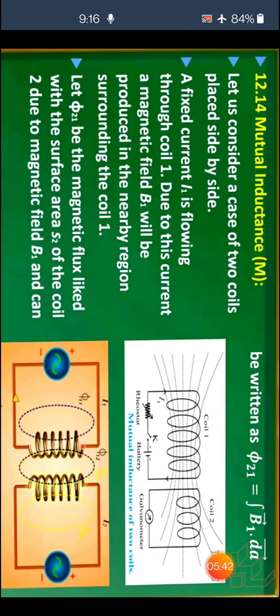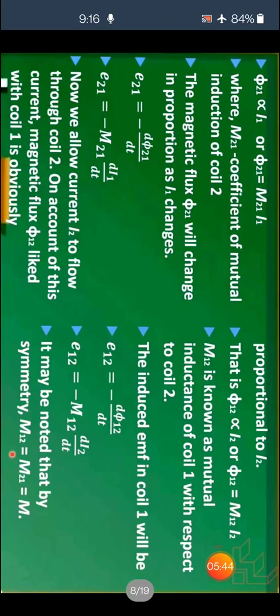If the positions of the coils are fixed in space, then phi 21 is directly proportional to I1.